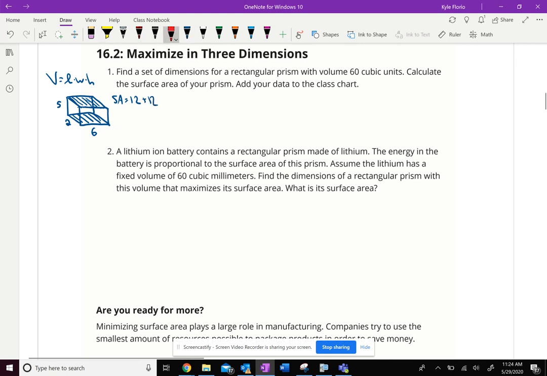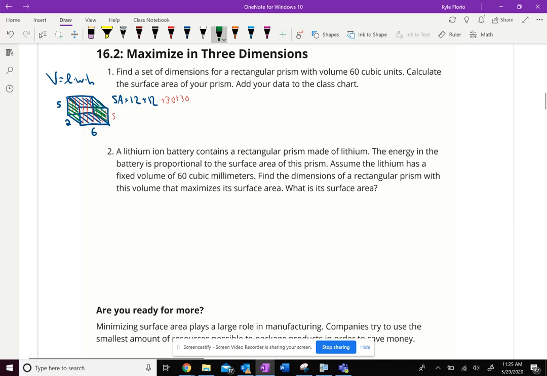And then we have the front of it. The height's 5, so this is 6 by 5, this is 30. So the front face and the back face are both going to have an area of 30. And then we have the side walls. This is 2 by 5, which is 10.